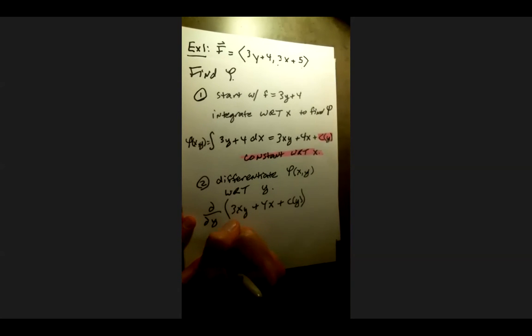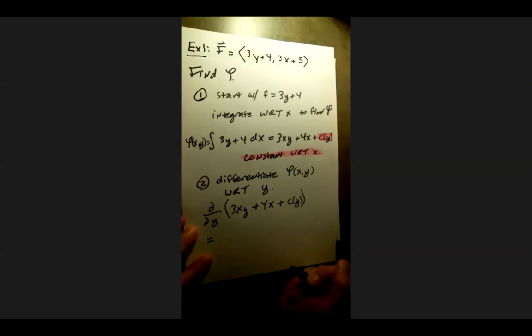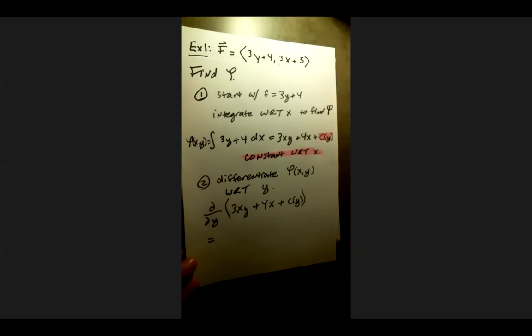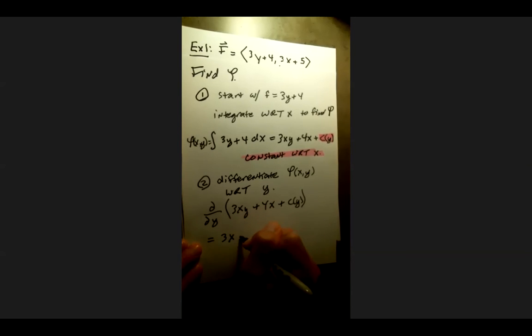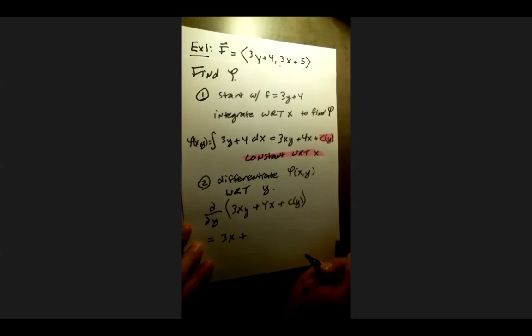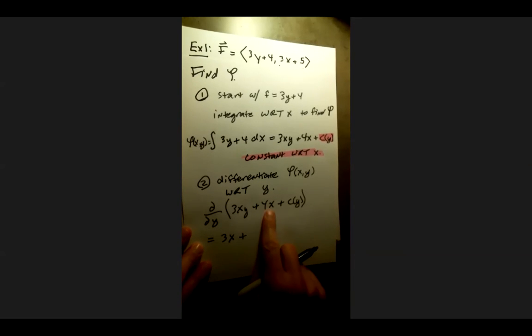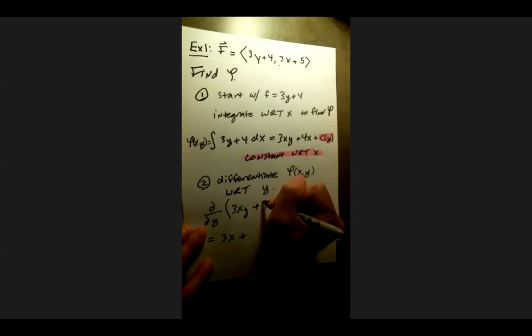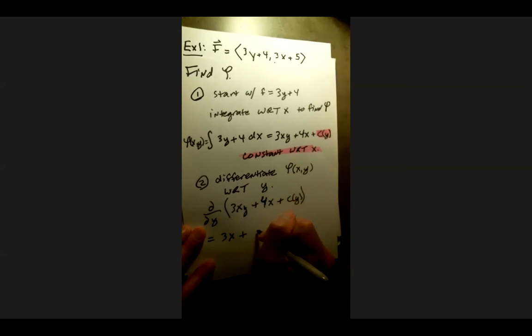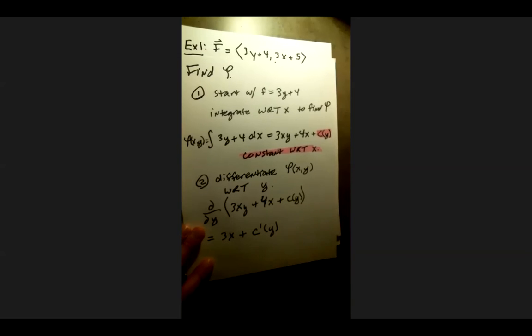And so what's that going to be equal to? 3x. With respect to y, this is a 4. Oh, sorry, c prime of y. Yeah, it's okay, my handwriting. C prime of y. Okay.